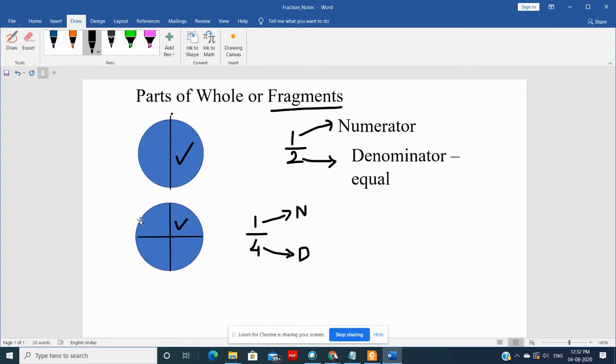Now, when we say this, it is 1 upon 2. It is also written as half, or 1/2 part of the whole. So this 1 upon 2 is read as one-half or half. Okay, let's see which numbers are written like what.